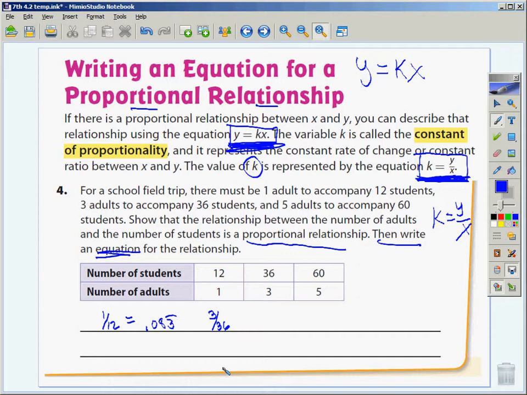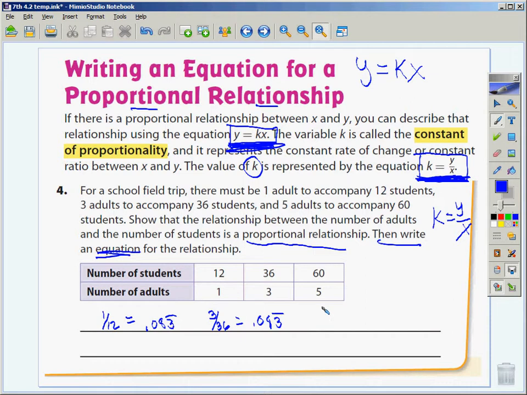There's a reason I'm doing it this way, because it's 1 divided by 12, not 12 divided by 1. Three divided by 36 is 0.083 repeating.